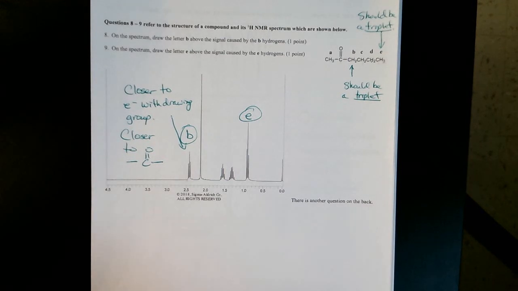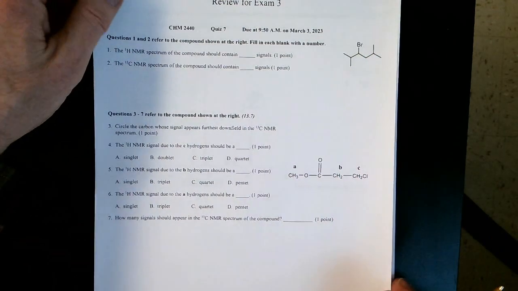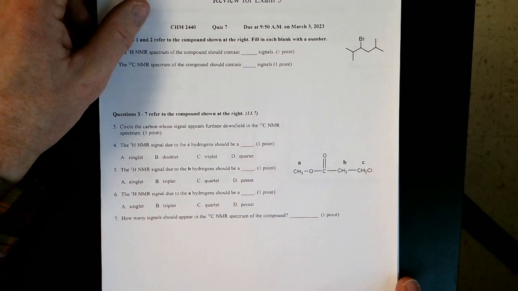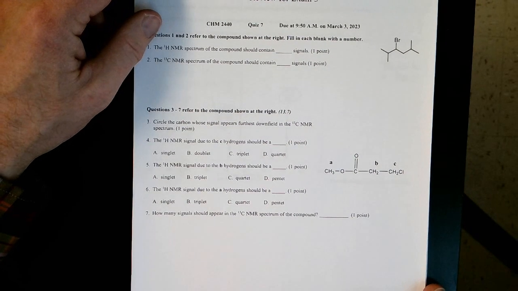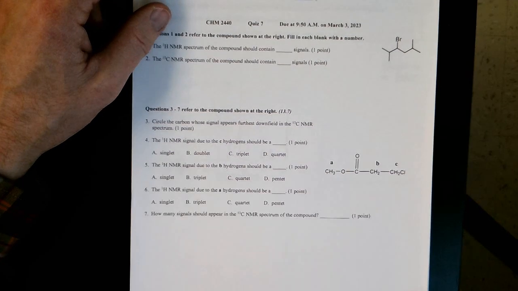Yes, ma'am. Could you go on page 1, number 3? Would it be B or A for which one's better? Okay. Your question is about number 3. Okay, so here's the structure. And the question would be, which one should appear farthest downfield?